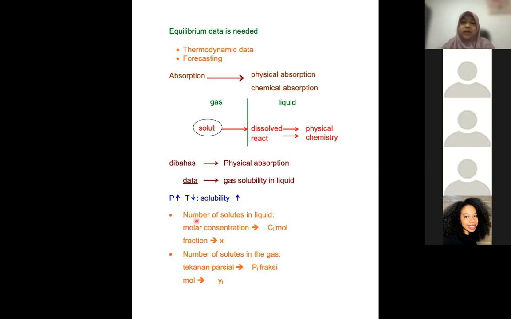Then we also have the number of solute in the liquid. It's called the molar concentration, Ci, or concentration of i in moles, or if it is written as a fraction, the fraction of solute in the liquid is called xi, right? And for the solute in the gas, from the partial pressure, or tekanan parsial, we call it Pi, and in mole fraction it is called yi.